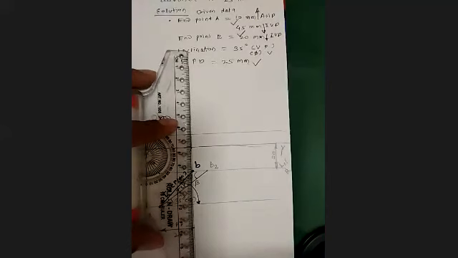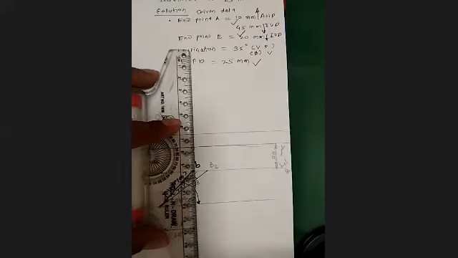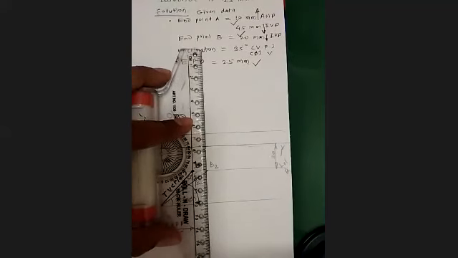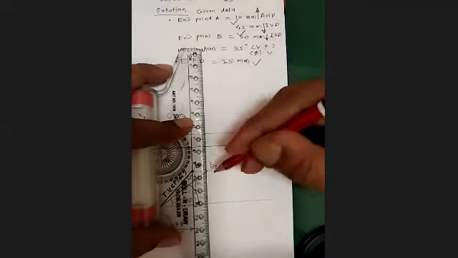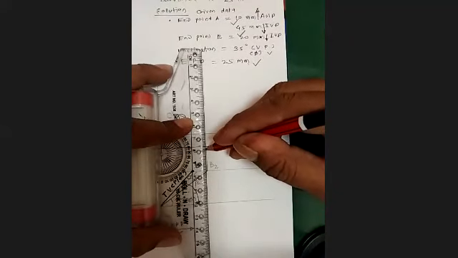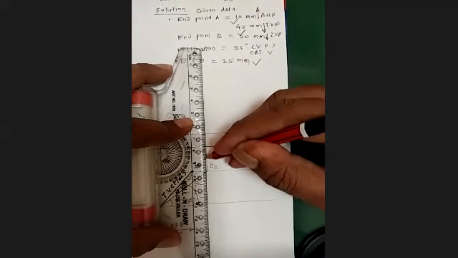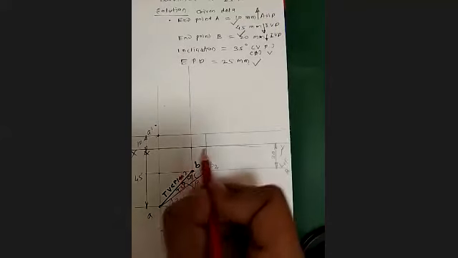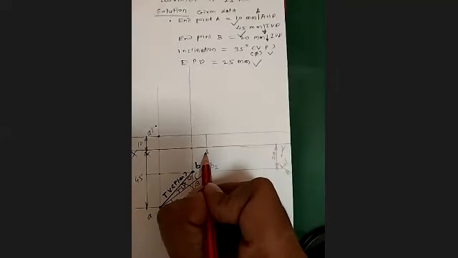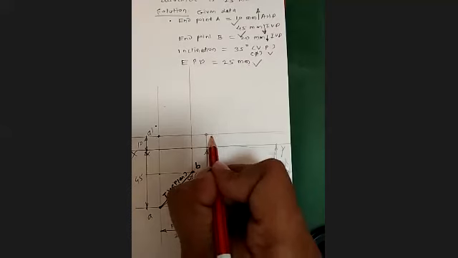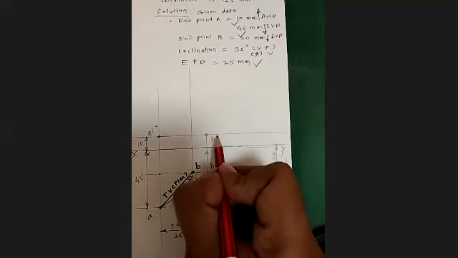From B2 point, there are two ways. See, you will come to know that later on. We can take the projection from B2 till the locus of A, and this point will be the B2 dash.